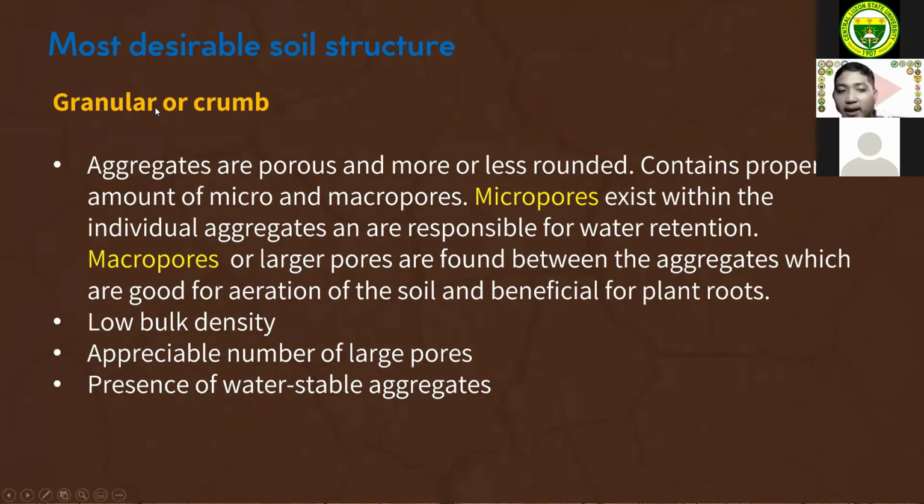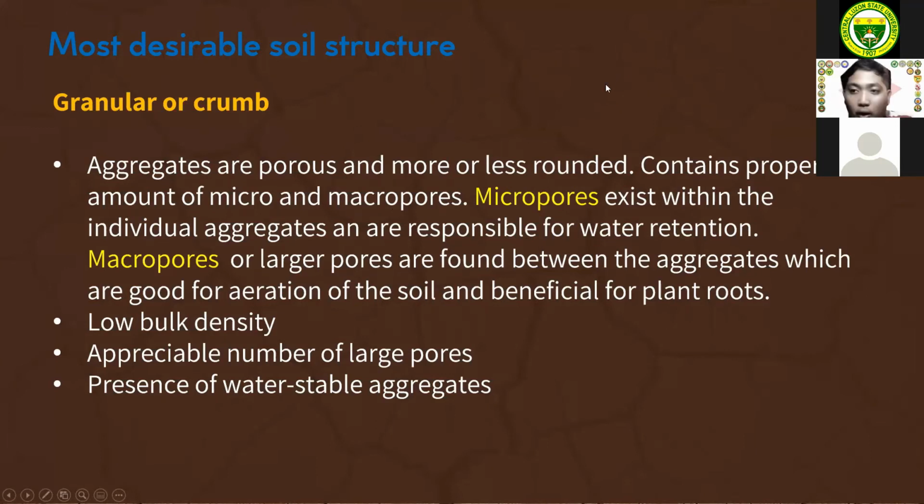Why? Because their aggregates are porous and more or less rounded. It contains proper amount of micro and macropores. So micropores exist within the individual aggregates and are responsible for water retention. So, sa single aggregates, yung mga pore spaces doon is what we call the micropores. Karaniwan doon na i-store yung water.